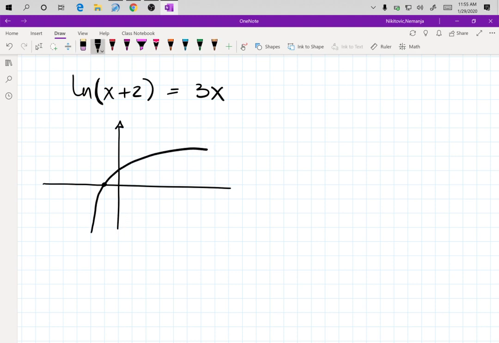And this is my ln of x plus 2. Then I have my linear function of 3x with a y-intercept of 0. It will go like this. No. It will go like this.